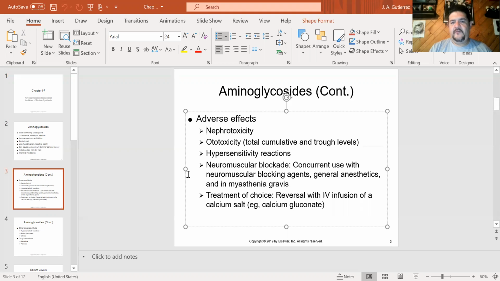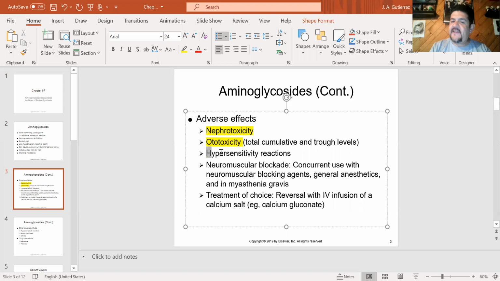So we need to do follow-ups on that and avoid accumulation of the drug, or these two main adverse effects will show up. Now, regarding the lab values, because it's different for each patient, we don't have a specific set. So basically, it will be a baseline based on that patient.